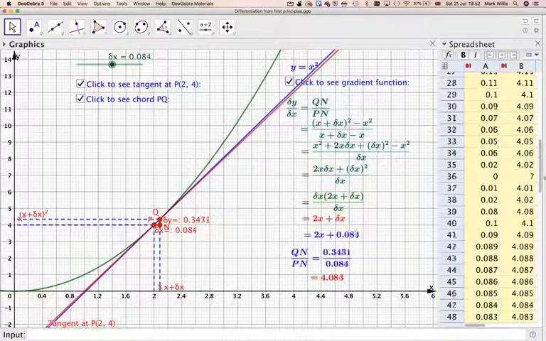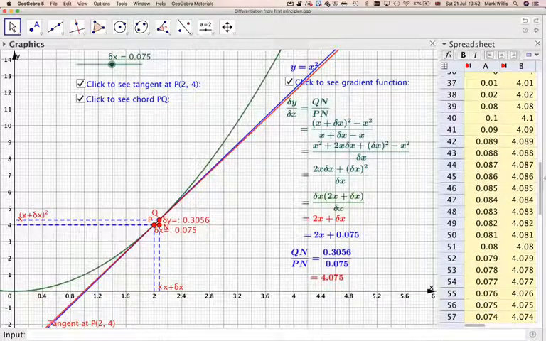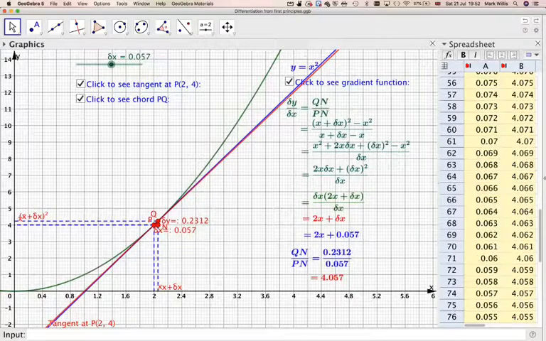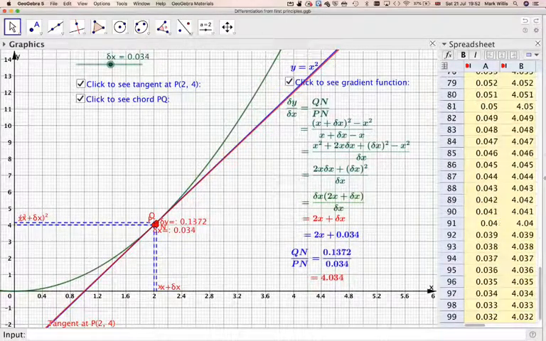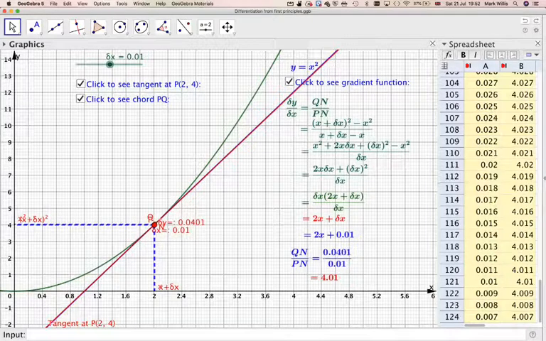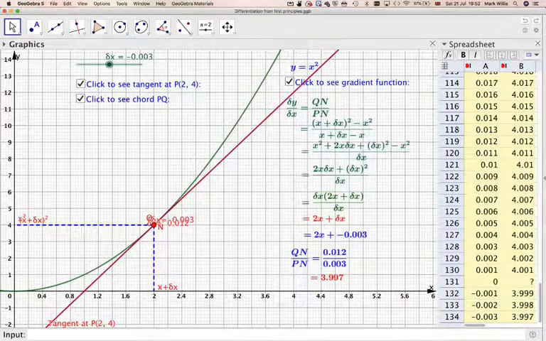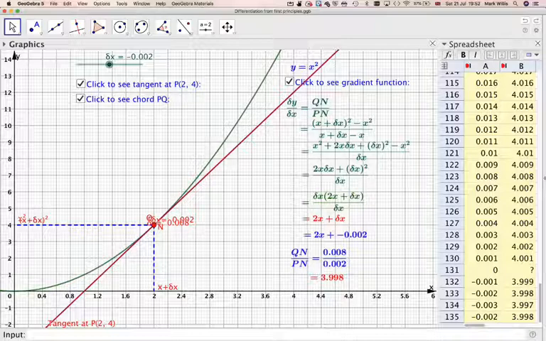What you can see is the value is getting smaller and smaller. I went past it, okay, but it went smaller and smaller. Here at 0.01, it's tending towards the number 4.